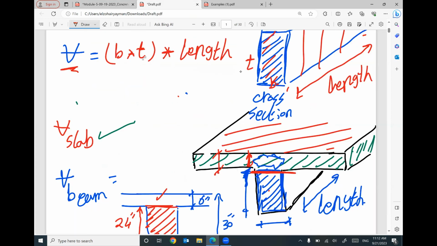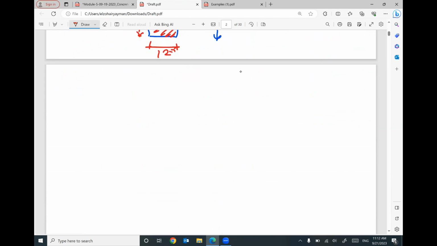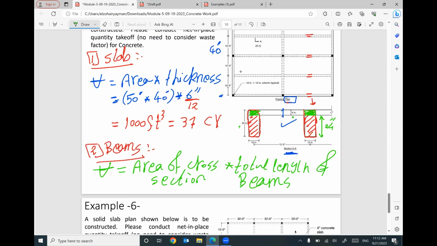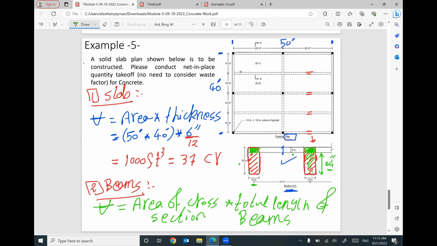So the volume will equal cross section, which will be 12 inch times 24 inch, times total length. 12 inch by 24 inch, this is the cross section area of this beam. Can anybody help me to figure out the total length of these beams?